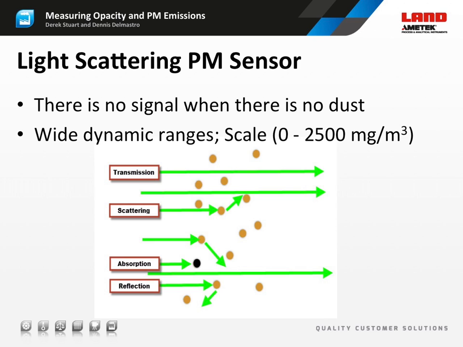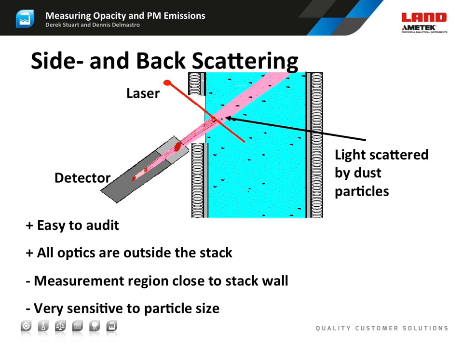As we saw in the previous slide, particles scatter light in all directions, and practical PM monitors employ forward, side, or back scattering. Each method has its advantages and drawbacks. Side and back scattering monitors shine a laser into the stack and detect the light which is scattered or reflected towards a detector mounted on the outside.